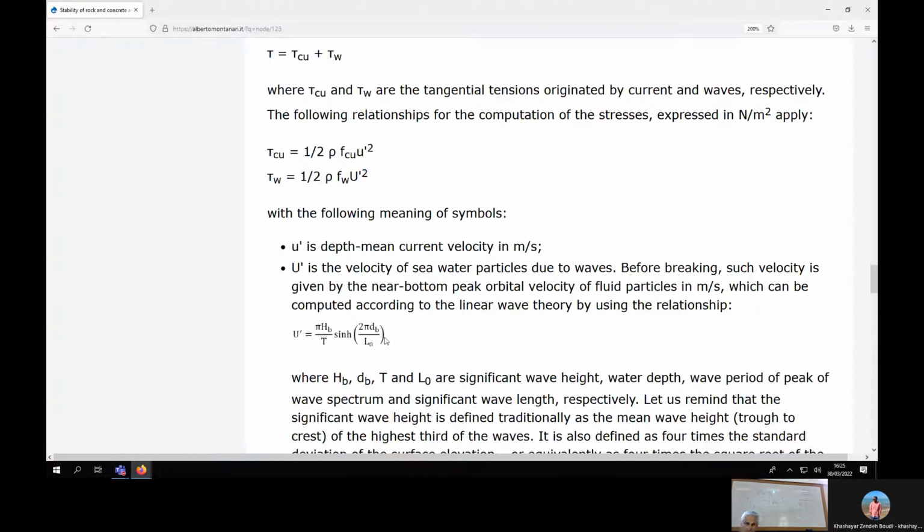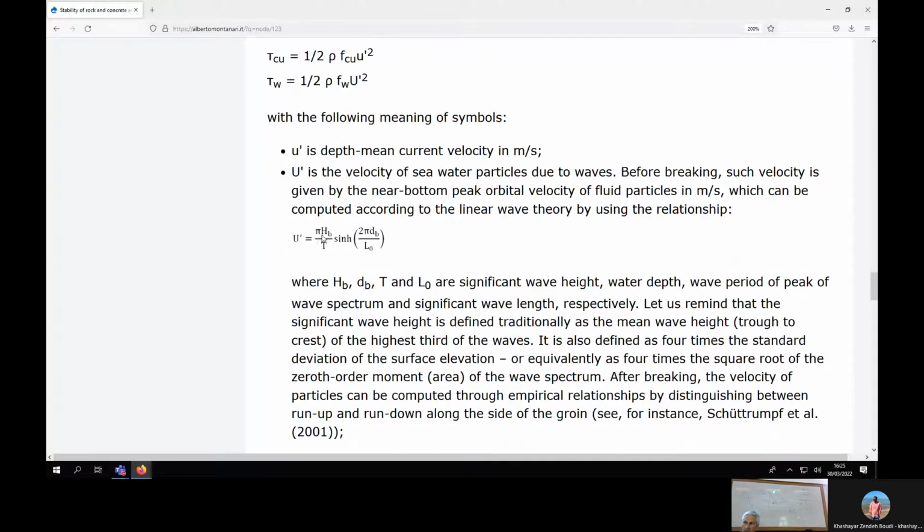Let's not go into the details. This is something that probably you have studied, how to compute the orbital velocity, where the quantities that you see in the relationship are wave height and wave period, wave spectrum, wavelength, etc.